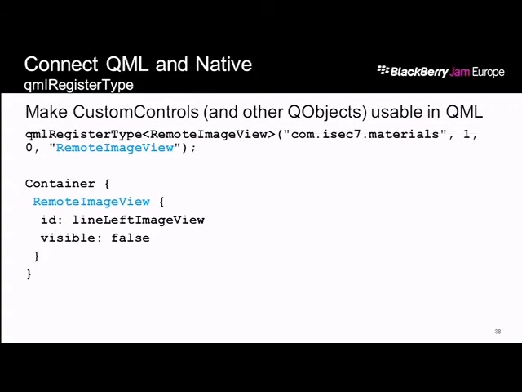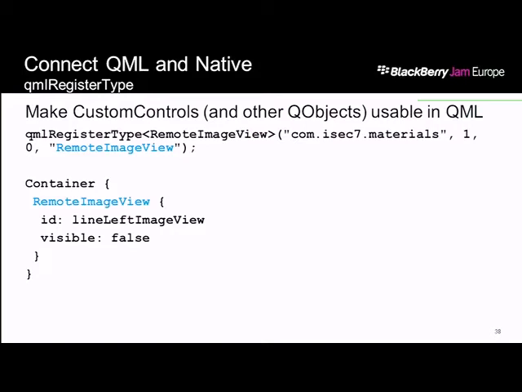So as I said, the most important part was to connect the QML and the native code. And here in the first code sample, you register a custom type from the native to have it visible in the QML. You just add this code line, and then it's there in QML, and you can use it.